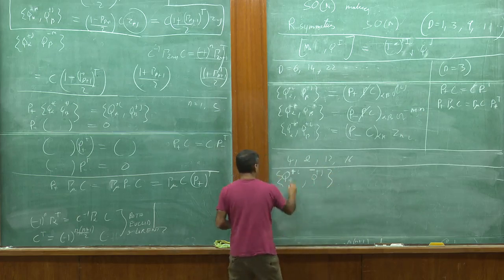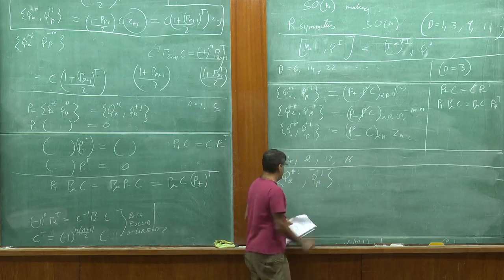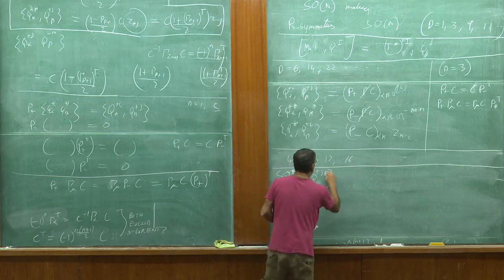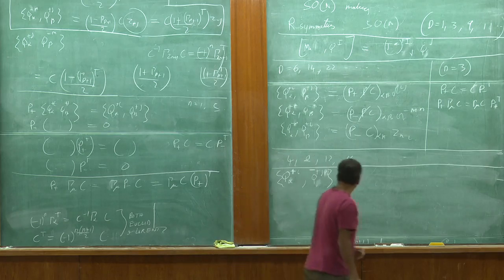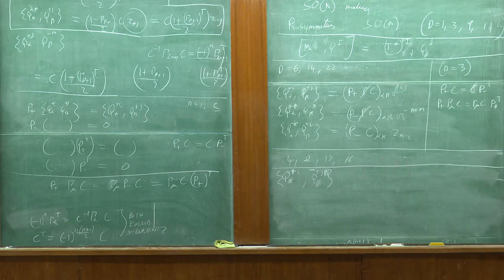What I have to do is to give you the commutation relations between Q plus I alpha and Q plus J beta bar, where bar was complex conjugate and multiplication by gamma 0. No, not C gamma 0, just gamma 0.